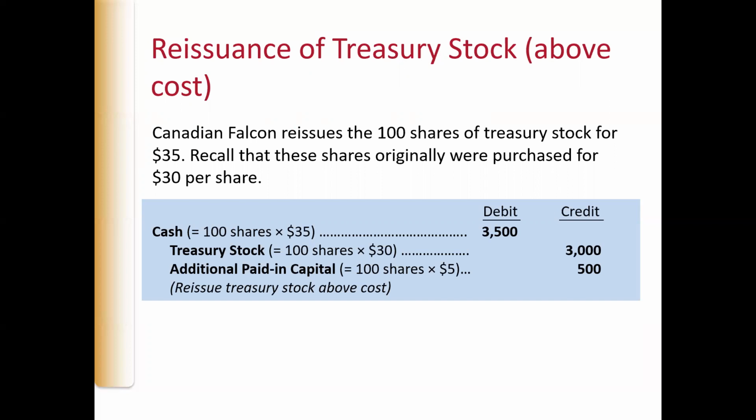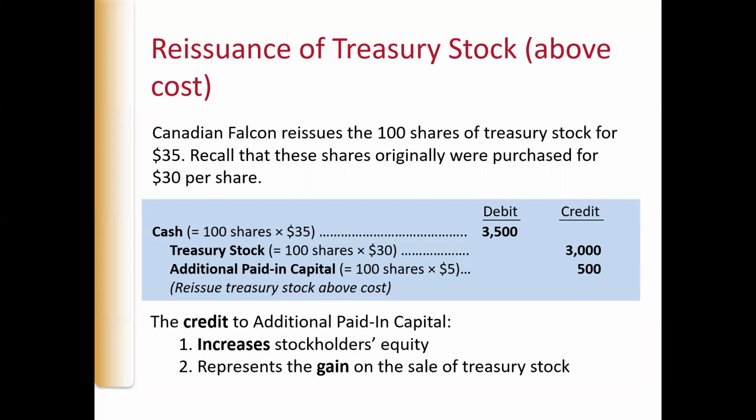We will credit the treasury stock for the amount we initially purchased it for. And any difference will go into additional paid-in capital, either way. In this case, because we reissued it for more than what we purchased it for, we credit additional paid-in capital. This increases our stockholders' equity, and it shows that we made money on our treasury stock.